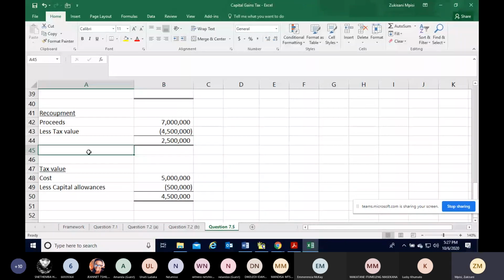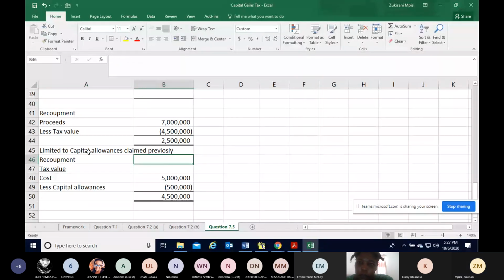Remember, this recoupment is limited to capital allowances claimed previously. So what was claimed previously? So recoupment is therefore limited to 500,000.